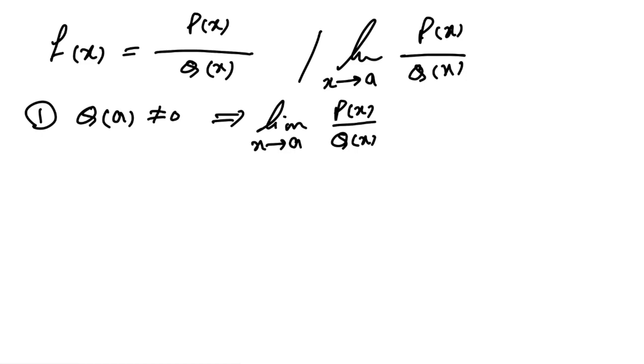P is just a polynomial, doesn't matter which degree it is. The limit is just plug in a into p(x) by q(x). So the answer is only p(a) by q(a). And that's it. That's the solution. So when q(a) is non-zero, limit of p(x) by q(x) is just p(a) by q(a).